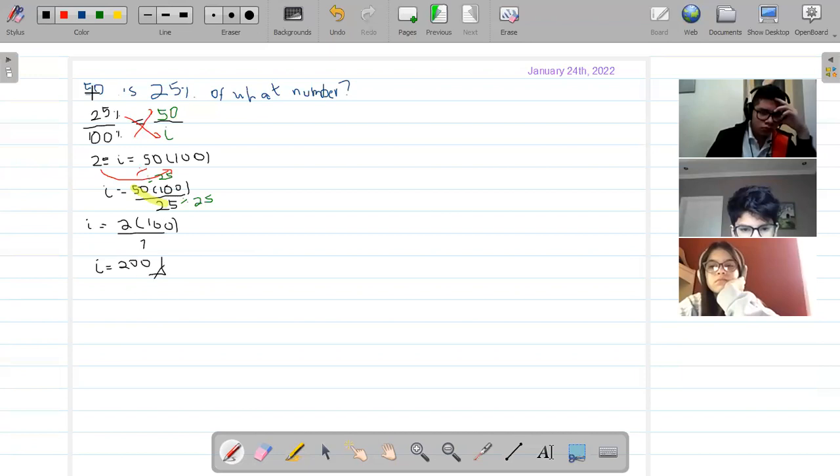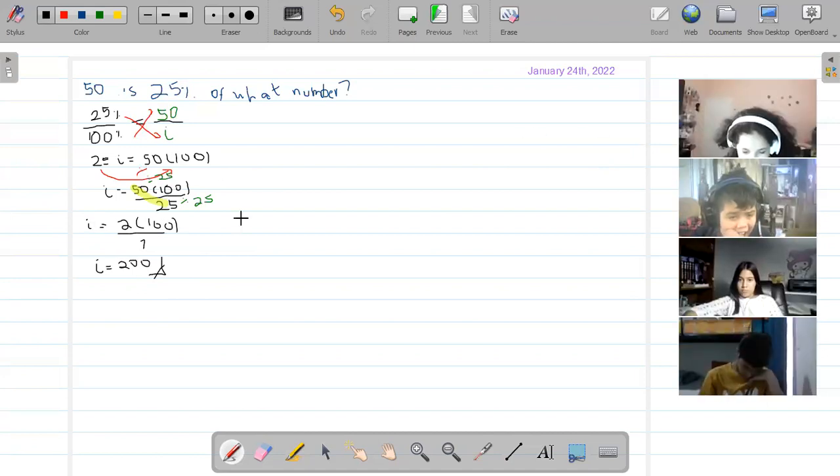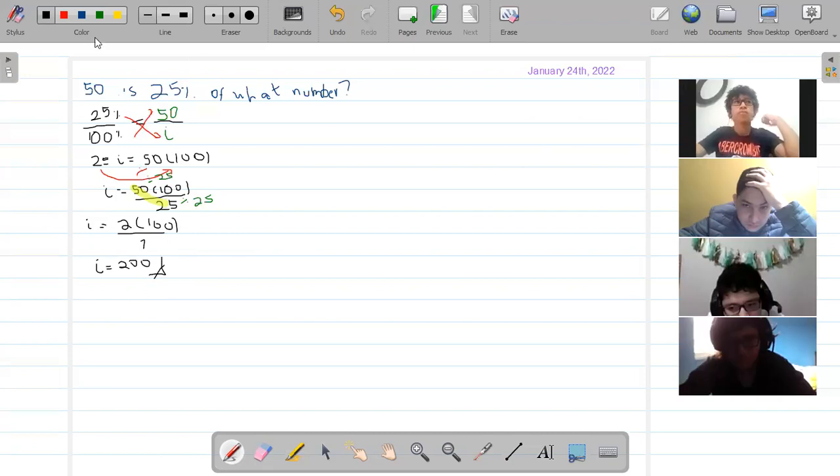So 50 is the 25% of 200. Okay. And that's how we do it. This is when we are finding the whole. We got the percentage and we got the little part. We need to find the whole.